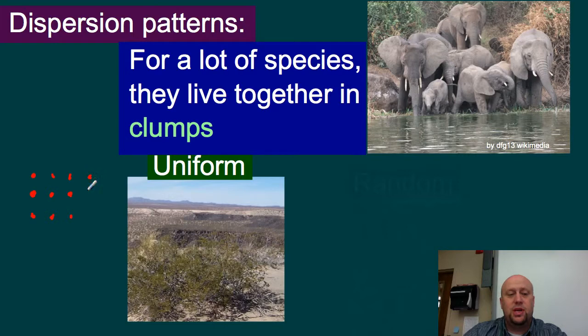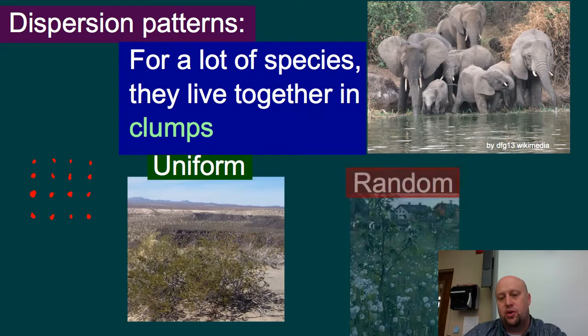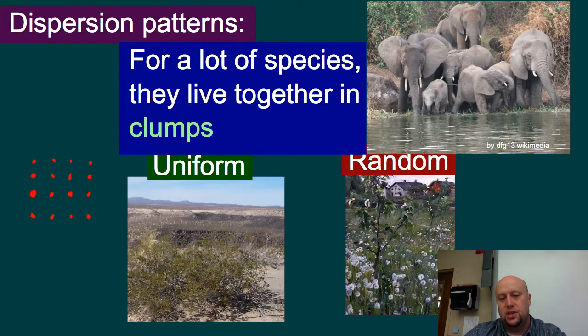And the reason for that is because they've got these root structures and they have to each get a certain amount of water. And so the ones that are living are going to be uniformly dispersed out. What we can also have as our third dispersion pattern is what's called a random dispersion. If you look at this group here and you look at the dandelions, you've got sort of a clump here, and then they're more spread out, and so maybe in one part of the field there's 1 or 2, and then in another part there's a whole bunch clumped together.